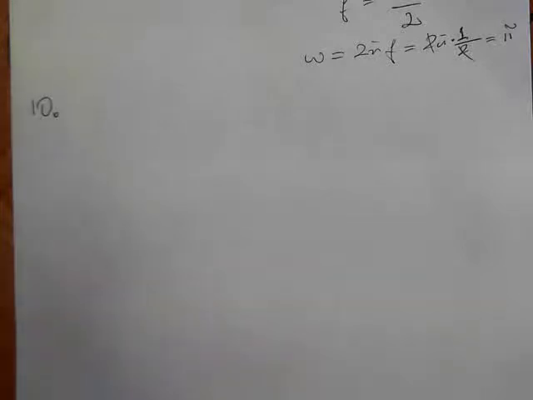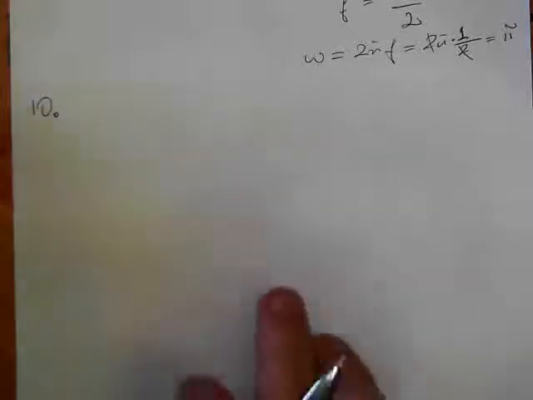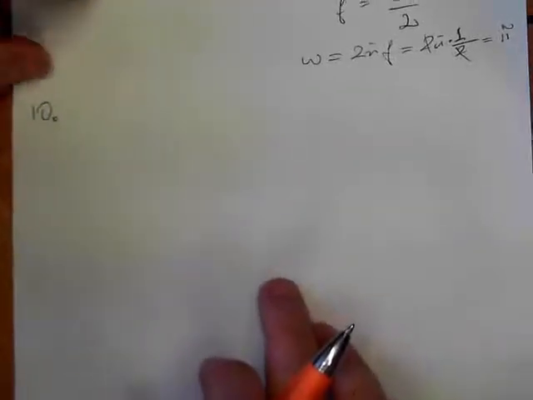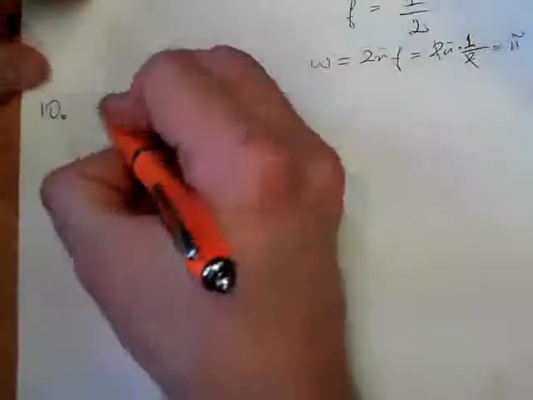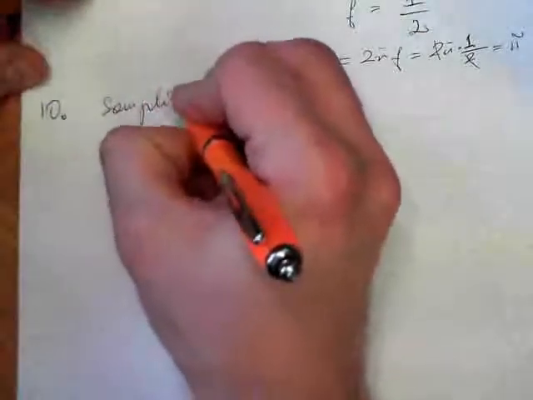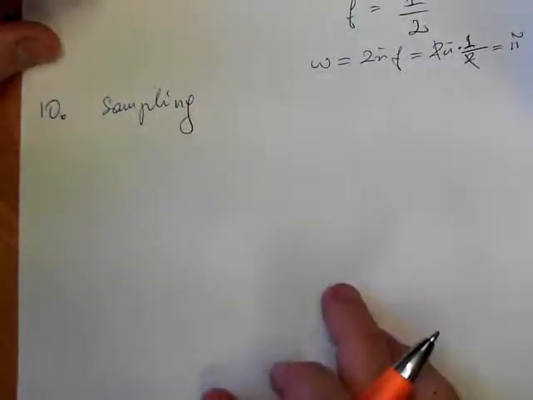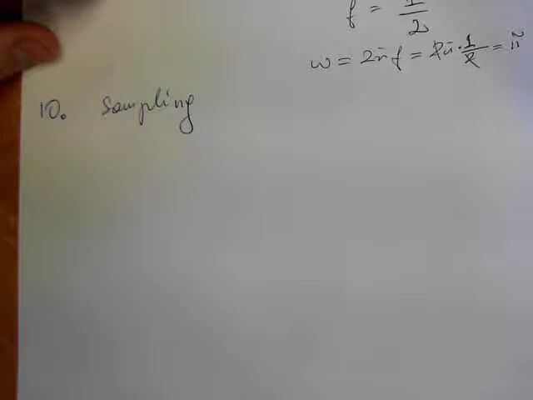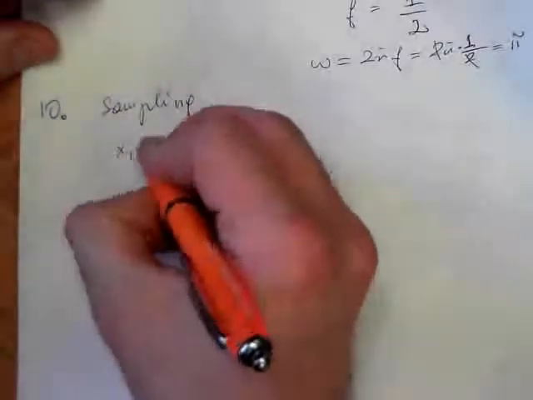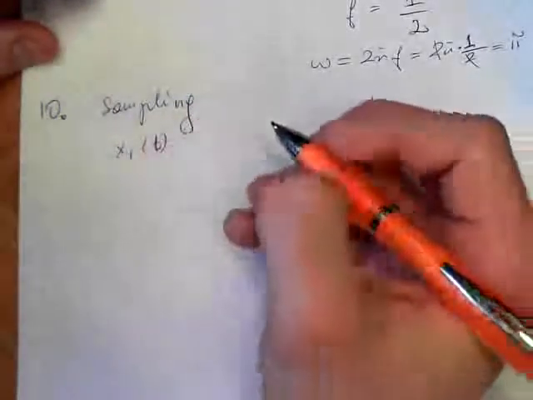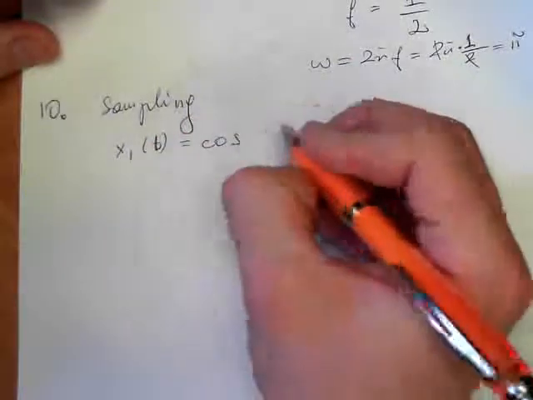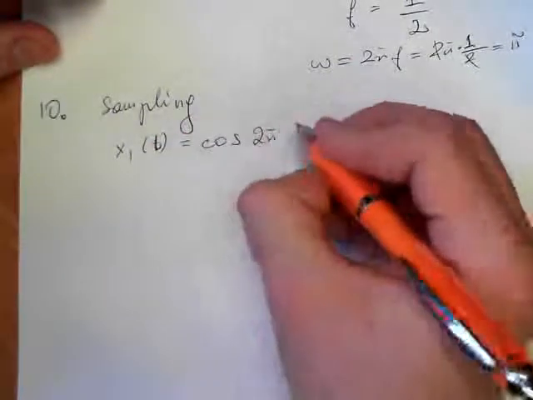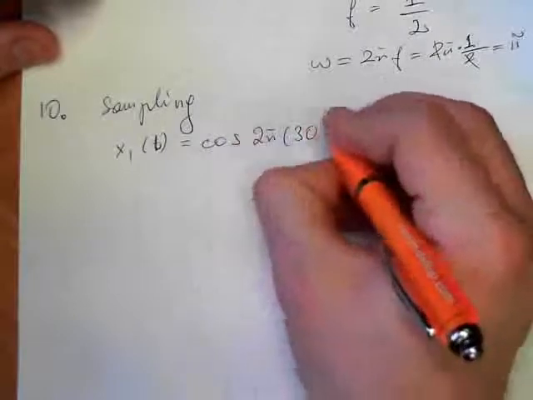Sampling. Okay, sampling of continuous time signals. Okay, x1(t) is cos 2 pi 30t.